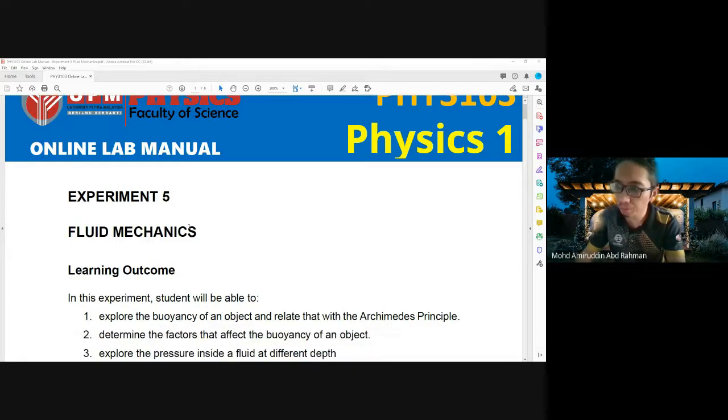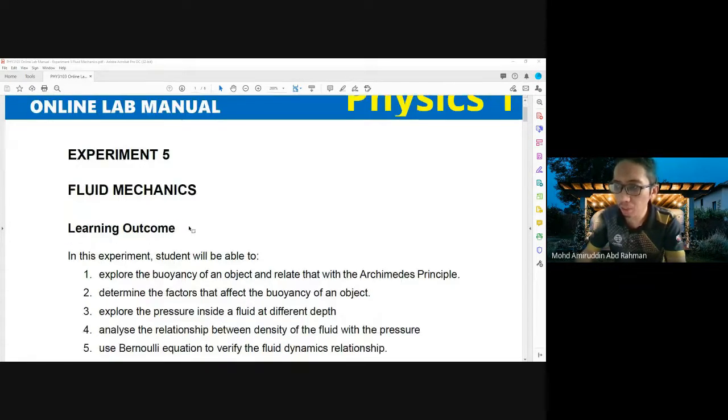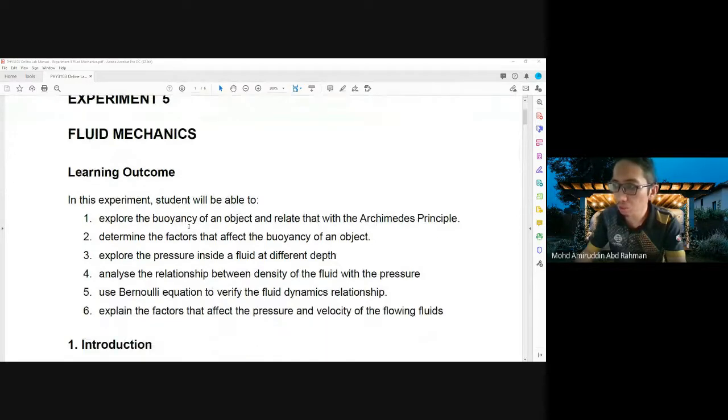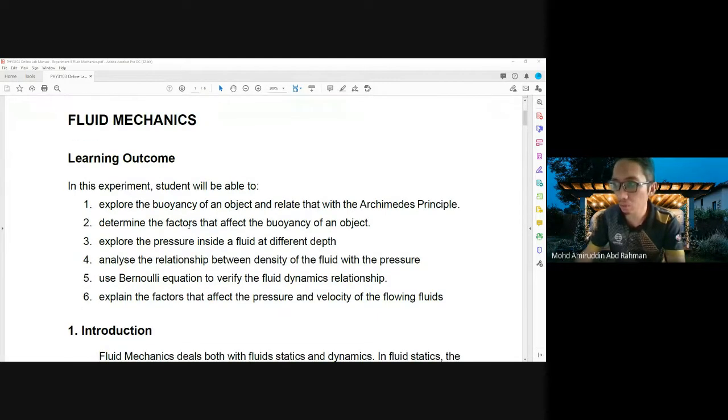Okay. So we have the learning outcome for this experiment. You're going to explore the buoyancy of an object and relate that with the Archimedes principle. You need to find out the factors that affect the buoyancy of an object, and also explore the pressure inside a fluid at different depth. So basically, you have different levels of water, and then you need to measure the pressure at different levels of that water.